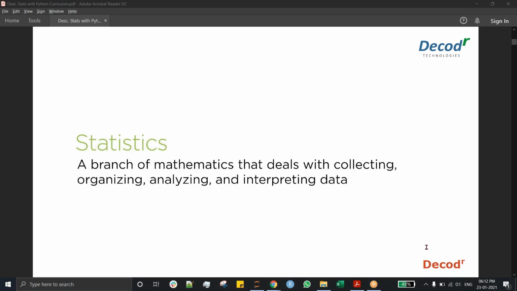These are nothing but a part or a branch of statistics. So although statistics is a subject which is a few decades old, it is still relevant. The only thing that has changed is you don't have to do everything manually now. There are ready-made algorithms that handle the maths part of it.